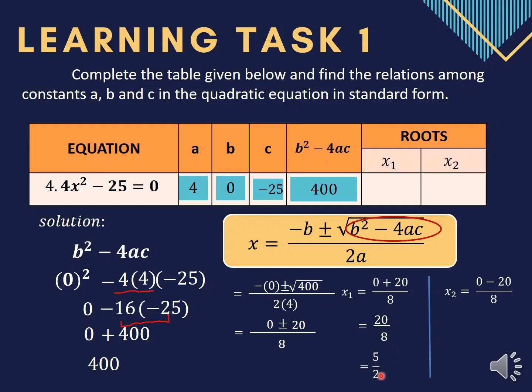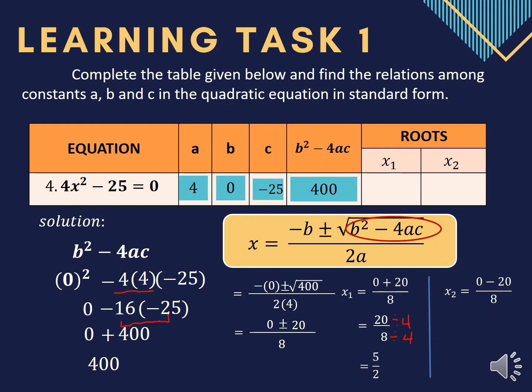So, that is 5 over 2. Why did it become 5 over 2? We divided both sides by their GCF, and that is 4. So, 20 divided by 4 is 5, and 8 divided by 4 is 2. That is how we simplify.